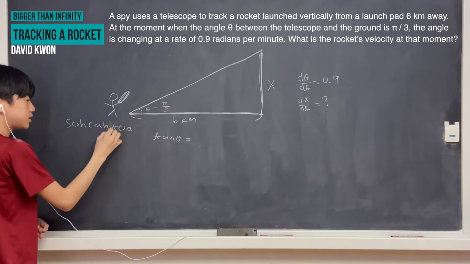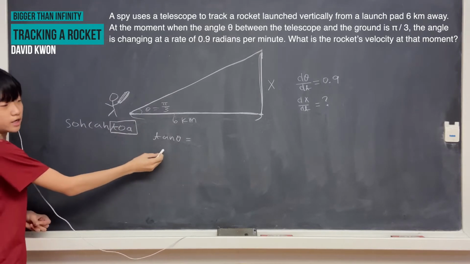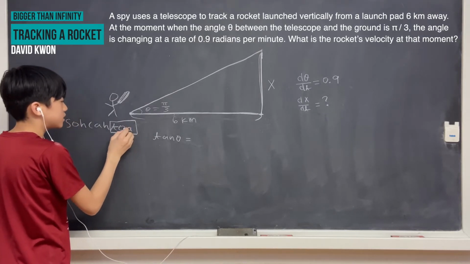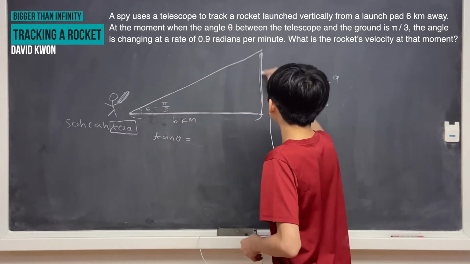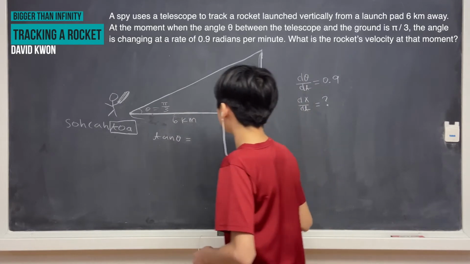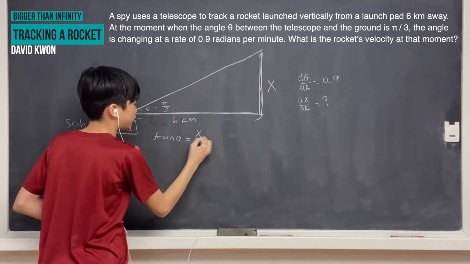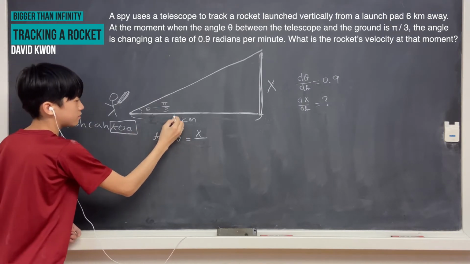We will use this section because it starts with T, which represents tangent. Opposite means the opposite of the angle shown on the triangle. So the opposite we have here is x. So we have x over, and the adjacent is 6.